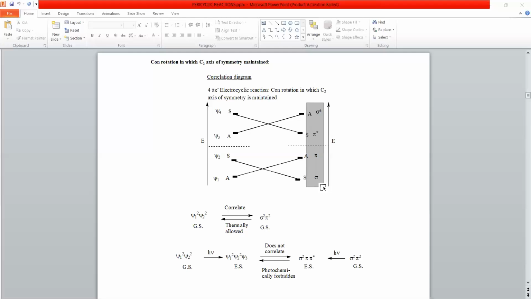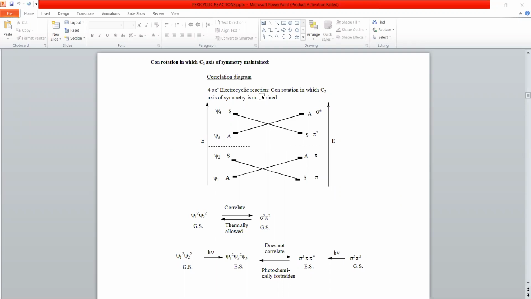So sigma, pi, pi star and sigma star, and their symmetry properties with respect to the C2 axis of symmetry.